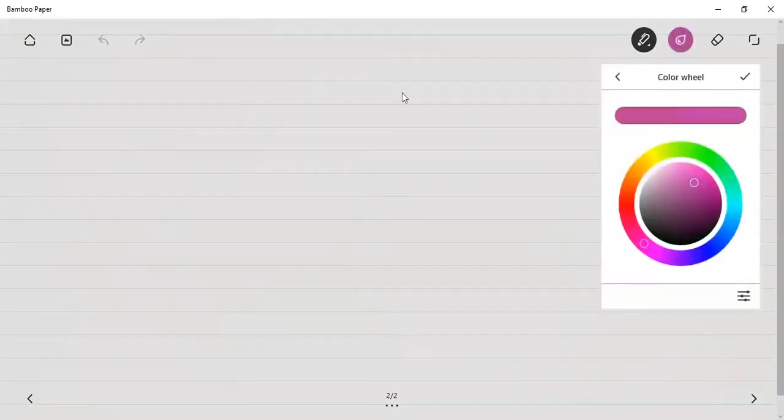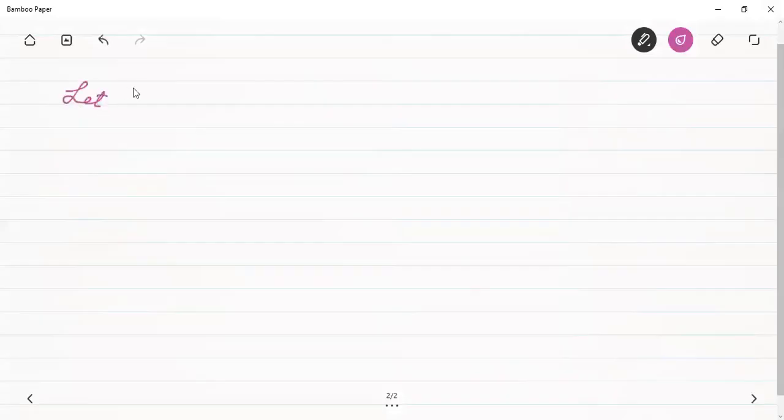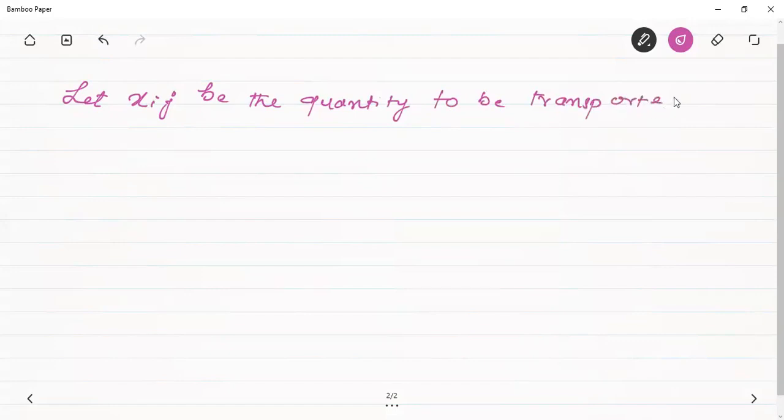I can write that let xij be the quantity to be transported from source i to the destination j.